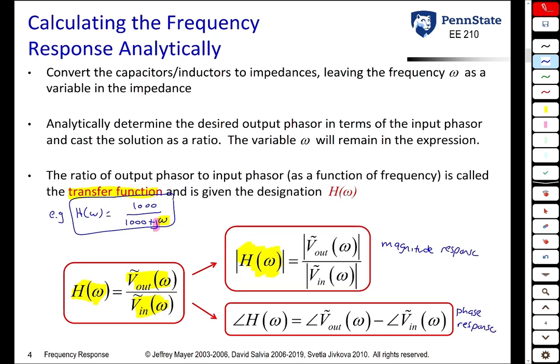What we're going to see is that this general transfer function is a complex function, but the magnitude and phase responses are both real functions. And we'll see these in the example on the next page.